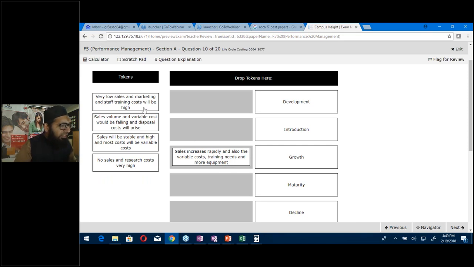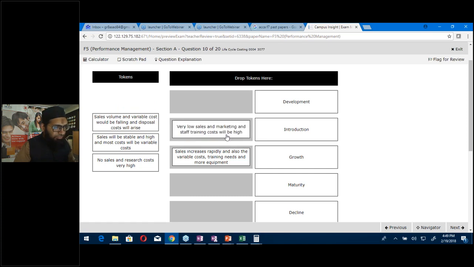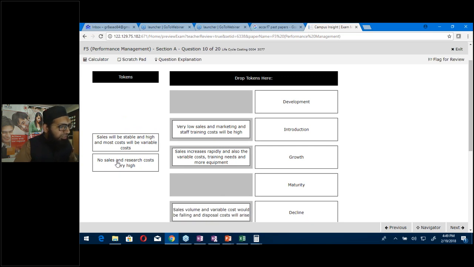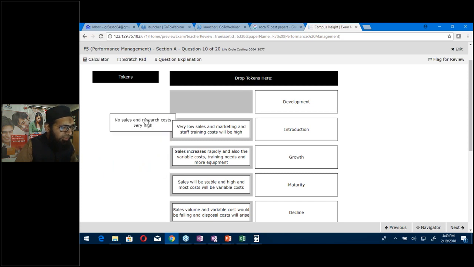Very low sales, and marketing and staff training cost will be high. This happens in the introduction phase. Sales volume and variable cost would be falling and disposal cost will arise. This happens at the decline phase. Sales will be stable and high, and most costs will be variable cost. This will be at maturity. And no sales and research cost very high is at the development stage.